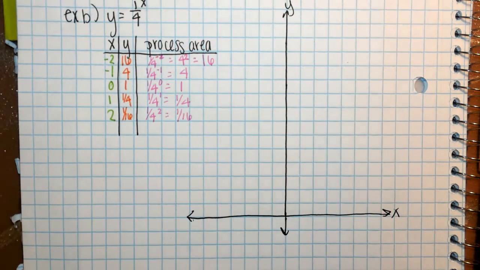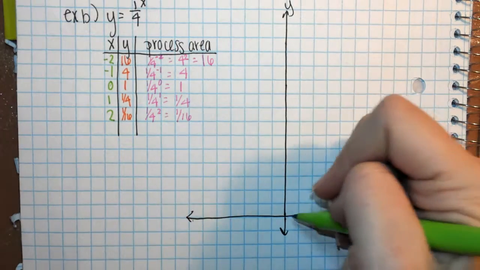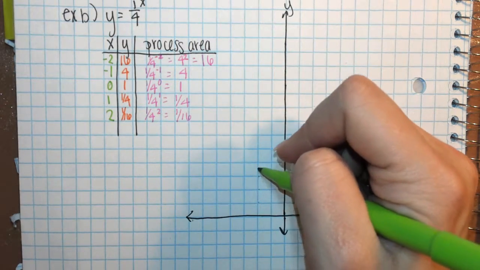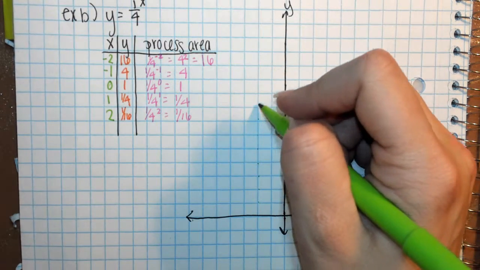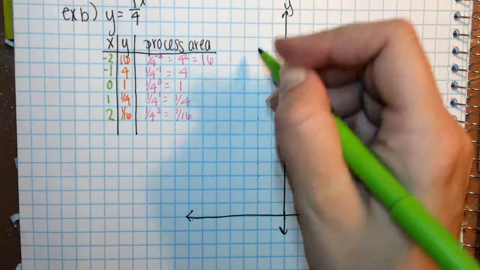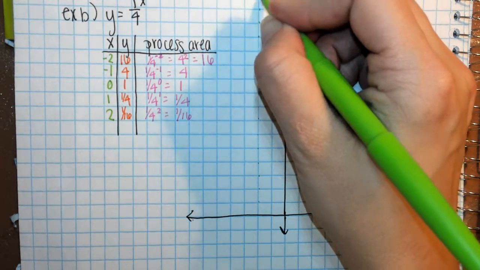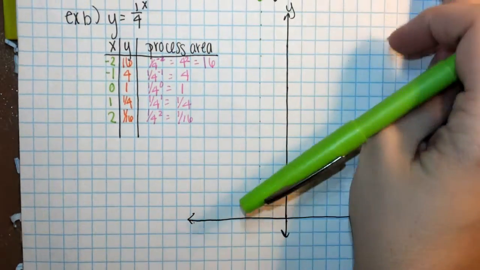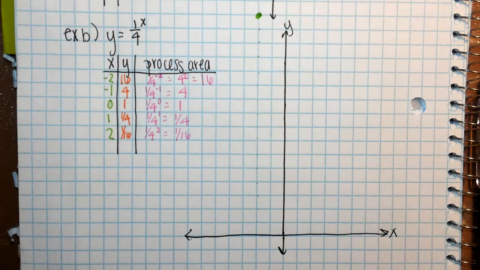All right, so we're going to graph -2, 16. So we're going to go left 2, up 1, 2, 3, 4, 5, 6, 7, 8, 9, 10, 11, 12, 13, 14, 15. Oh, it was almost on my graph. 16 is right up there.